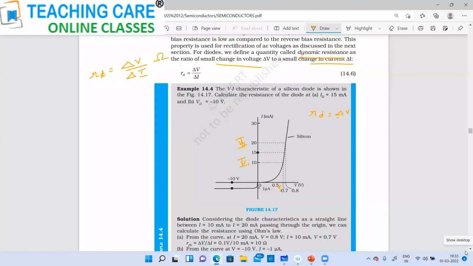Change in voltage divided by change in current. The change in voltage is 0.8 minus 0.7 divided by 20 milliampere minus 10 milliampere. Convert into ampere. Tell me the answer.